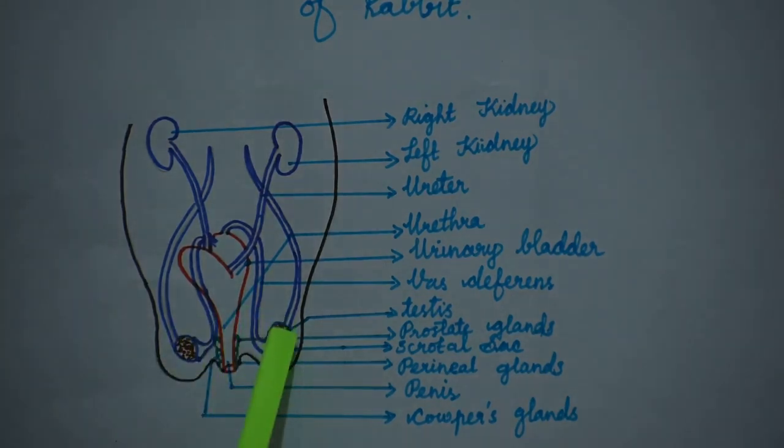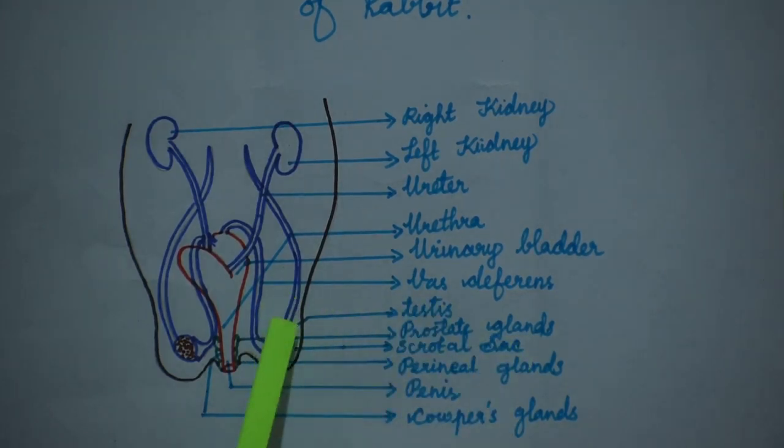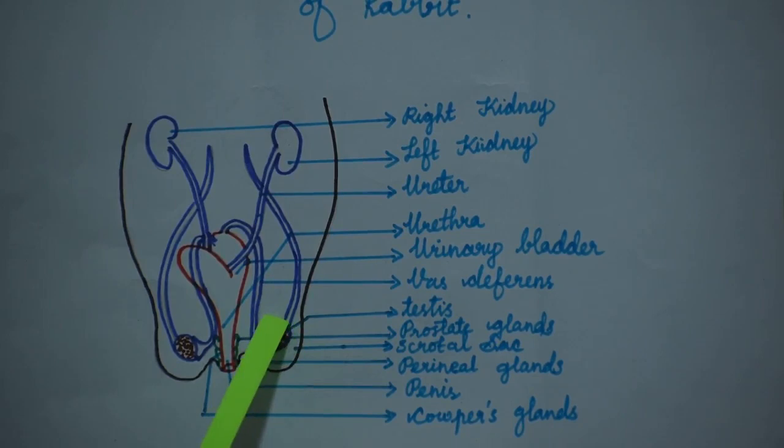The testes are oval in shape and covered by a sac called scrotal sac, and the testes consist of a network of tubules called seminiferous tubules. The seminiferous tubules form a coiled tubule that is called epididymis.